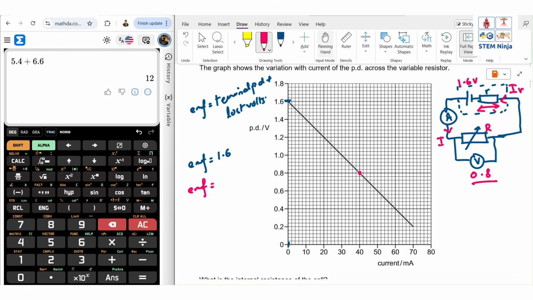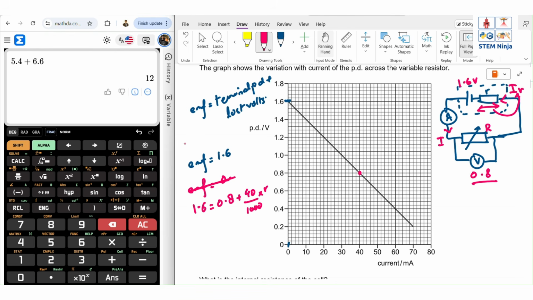This is the lost volts, by the way. So terminal potential difference is given as the same formula: 1.6 equals 0.8 plus 40 milliamps times small r. So 40 milliamps is 40 divided by 1000 times r.